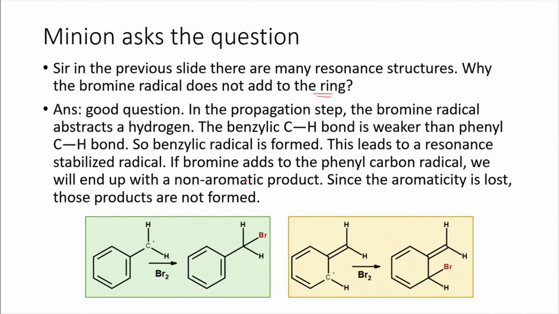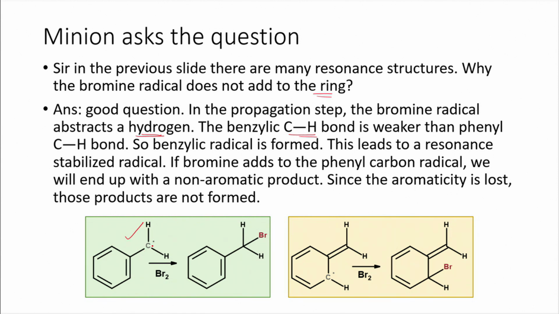When we do this reaction, in the propagation step the bromine radical abstracts a hydrogen atom. This is the most crucial one, and which hydrogen will be abstracted leads to the final product. We already know the benzylic CH bond is weaker than the phenyl CH bond. That is the reason the benzylic radical is formed. So, we are perfect up to this level.